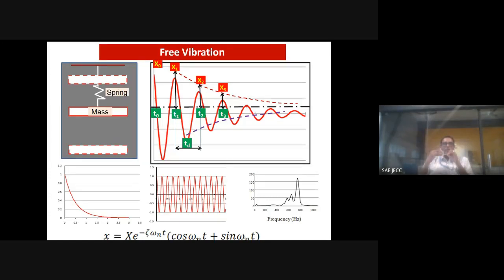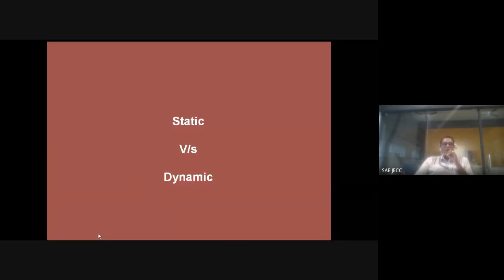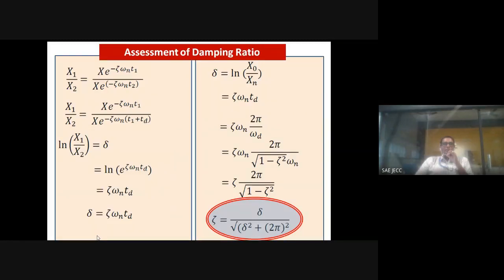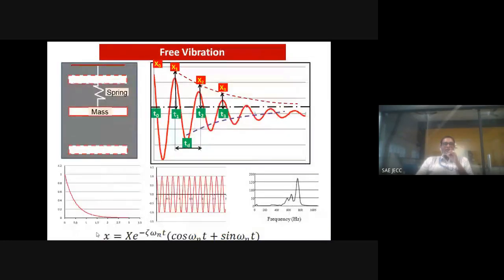There are different types of vibration. One is free vibration. In free vibration, simply see a mass suspended on a spring, and the spring is connected to a reference plane. Once the mass is disturbed from this position, either to the bottom or to the top, for example, we pull it to the downward position, what will happen?